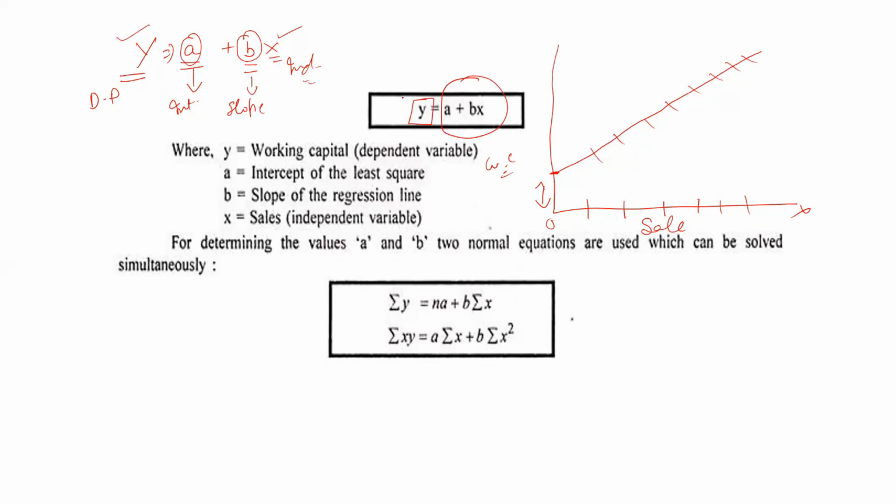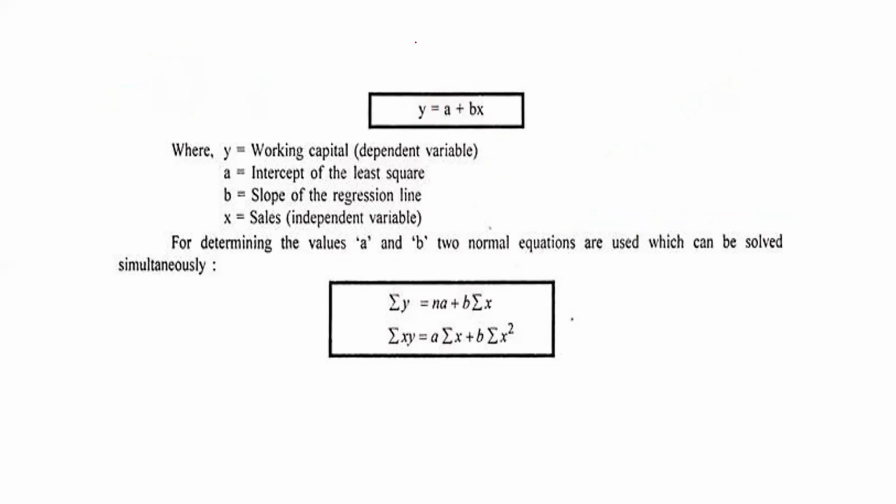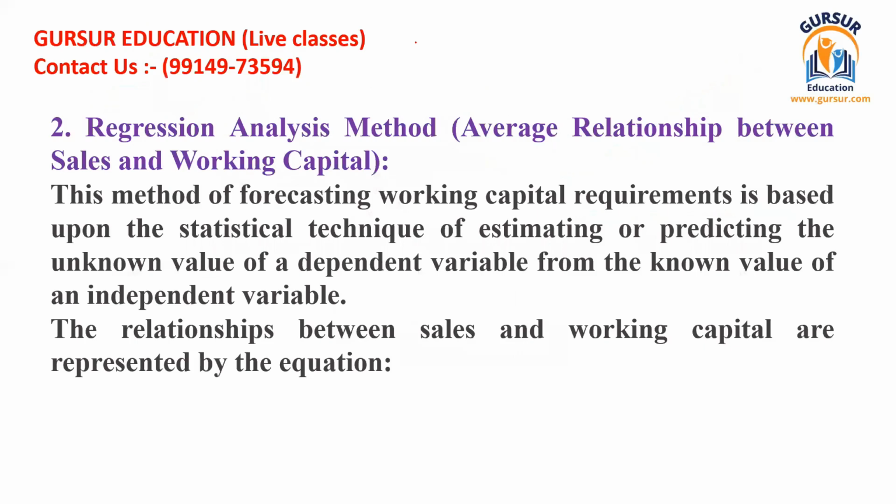But you should not be worried much about that, because the question is not going to ask you any kind of practical, but you must have the basic knowledge of how regression works. So this is all about that. If I'm reading the theoretical portion, it tells you that this method of forecasting working capital requirement is based upon a statistical technique of estimating or predicting the unknown value of a dependent variable from the known value of an independent variable.